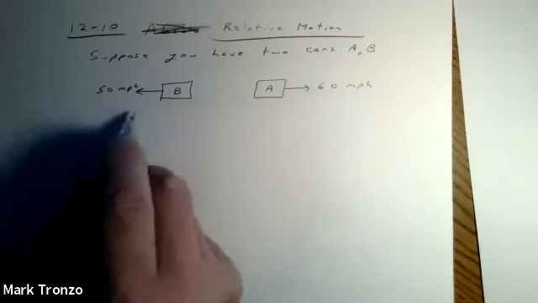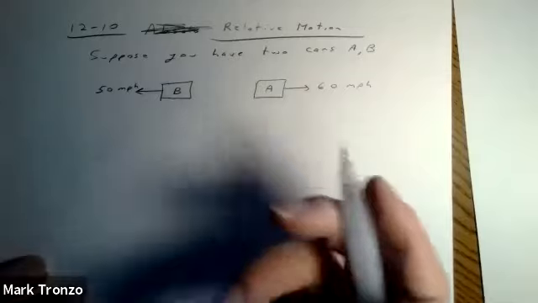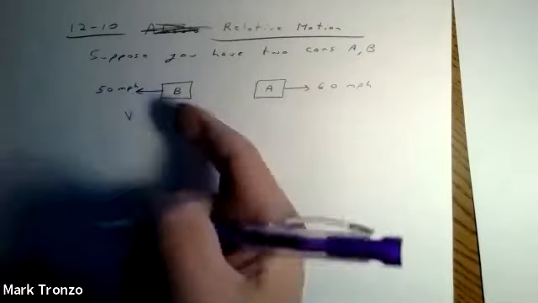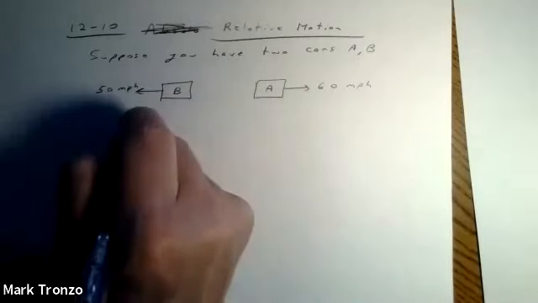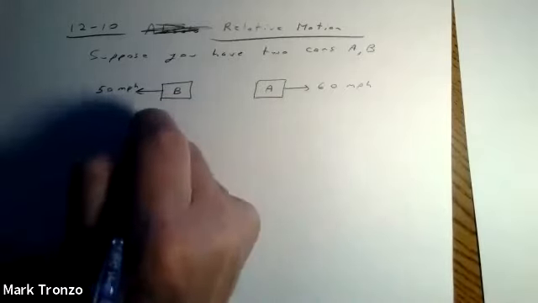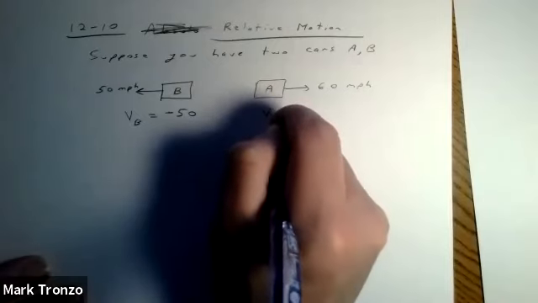And so B is going west. So you could maybe say the velocity of B, if you count that as the negative direction, is minus 50. And the velocity of A is a positive 60.